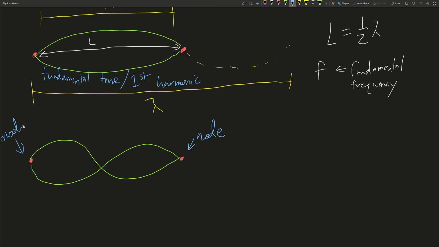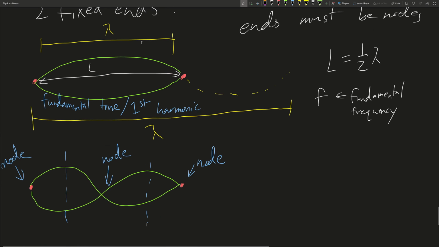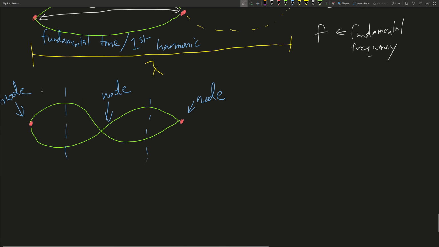A node, but then there's an extra node in the middle, and then there's two antinodes here. Now, a string can still vibrate with two fixed ends like this because both ends are still nodes, you just have another node. Notice now that the frequency is double what it was before and the wavelength is half of what it was before.